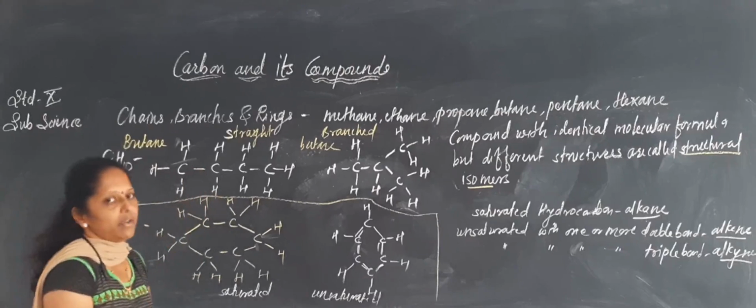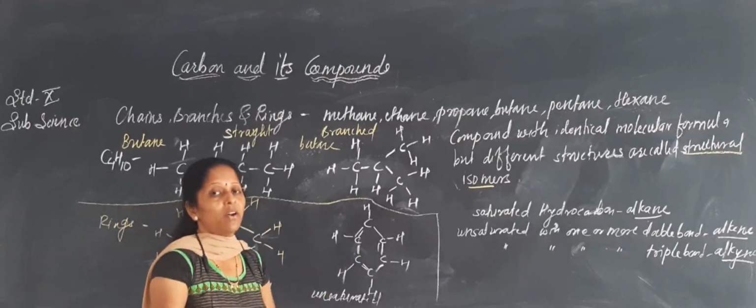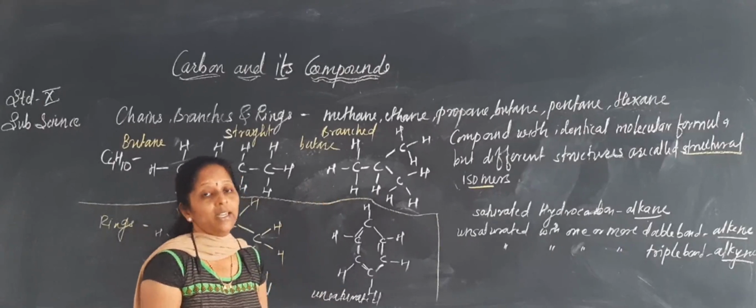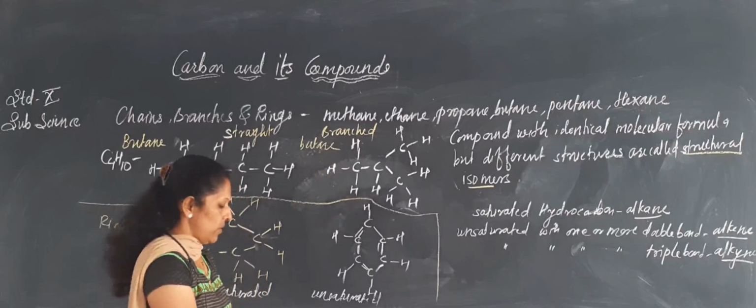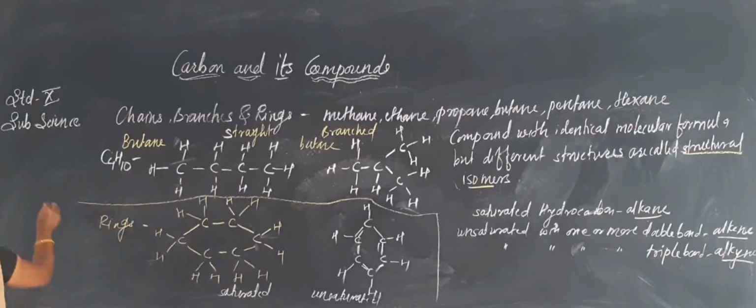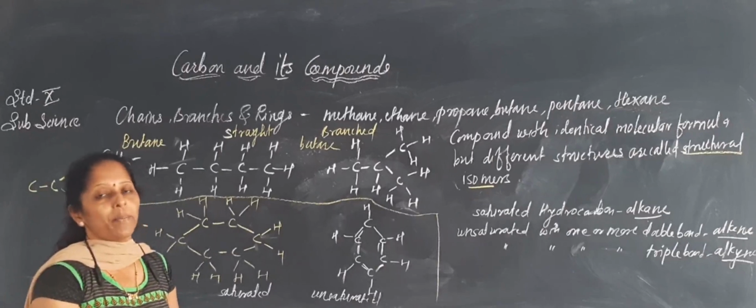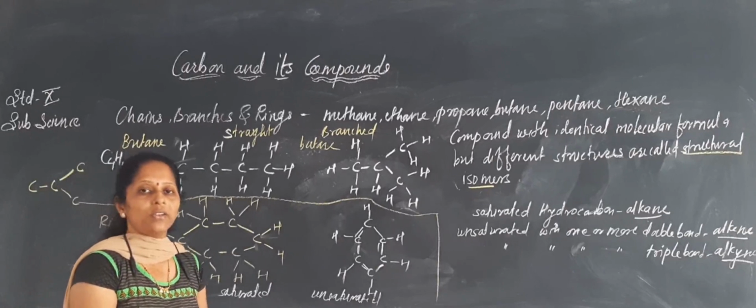But there is another structure we get for butane, and that is in the form of a branch. How do you draw that? Like this, and join it with linkages and show the hydrogen atoms.